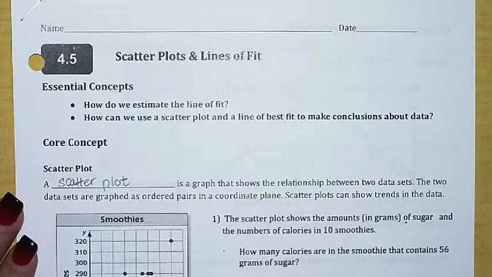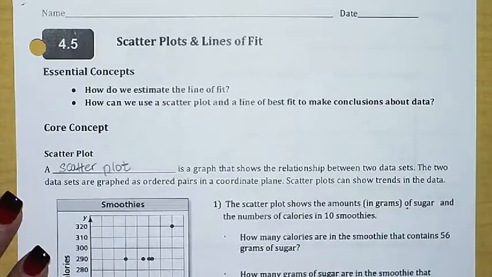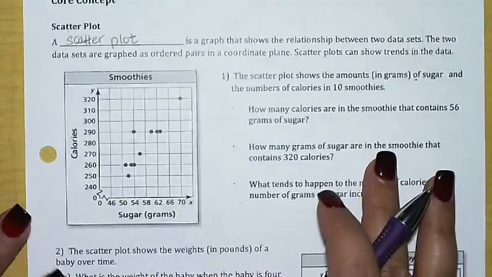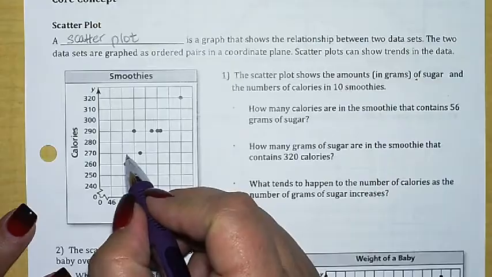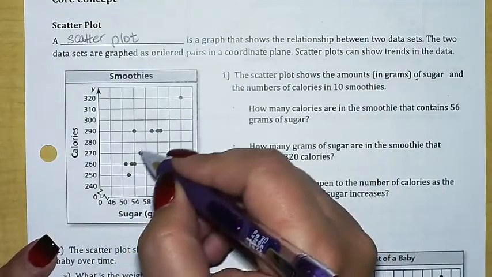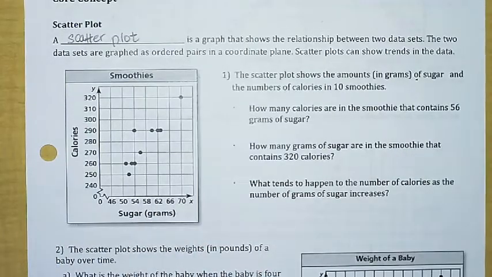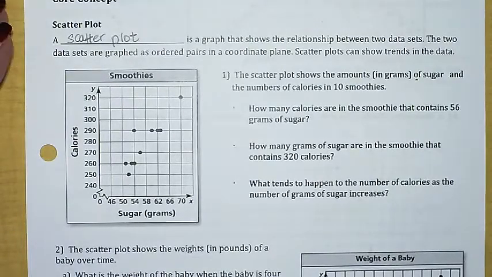It might be what you would do in your science class or in a statistics class, where you've collected data, not from an equation. You don't have an equation yet. You've collected it and you're making a plot to see if there is a pattern, to see does this fit more or less a straight line. So it's real life data, and it's not generated by a function rule, okay?